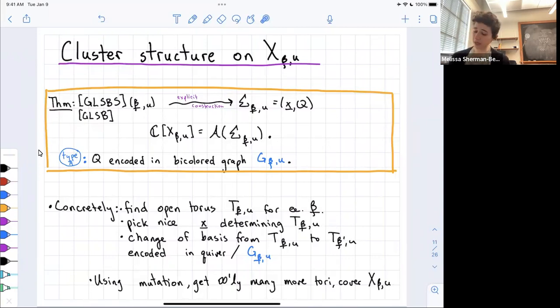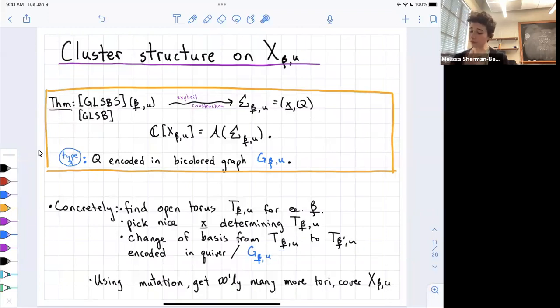And then I'll be a little bit vague about the quiver in general, but it is determined by thinking about how to go between these two tori and how these nice bases that we chose for both of them are related. So that going from this torus to this torus, that is going to determine what our quiver will look like. And it will also determine what this bicolored graph is. I'll talk more about that later.